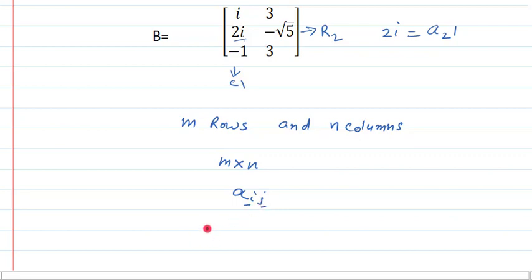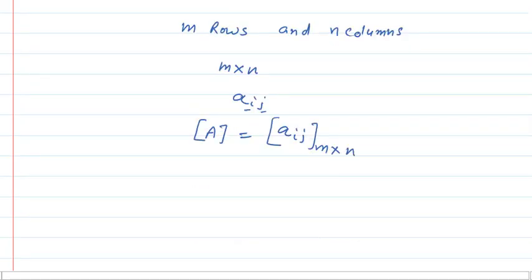So in general, we can name the matrix. Let me name it A. Matrix A can be written as aij, writing m by n over here. So this is the general representation of a matrix.